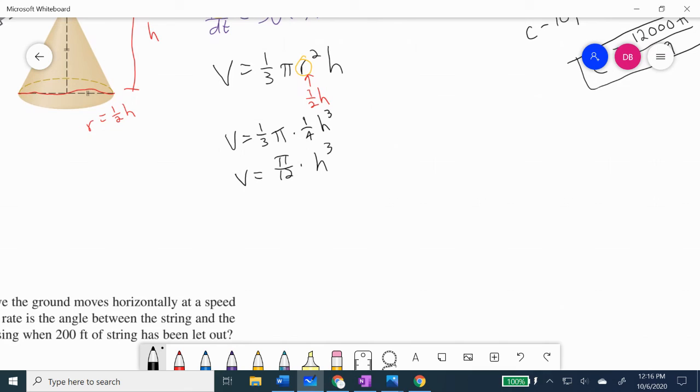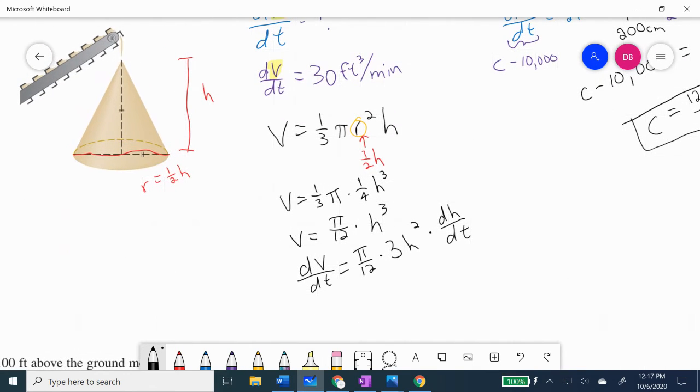And then I take the derivative with respect to time. That gives me dV dt equals constant multiple times, and then I'm chain ruling. Blah cubed derivative is 3 blah squared times the derivative of the blah with respect to time. Once I have that done, it's plug and chug time again. And I know that dV dt is 30.